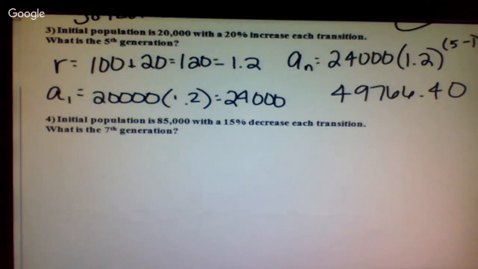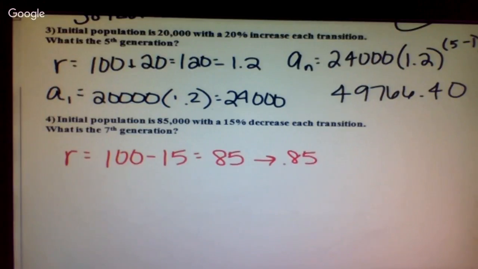Okay. All right. Last one, and we're finished. What is my R if I'm decreasing by 15%? 0.85. 100 minus 15 gives you 85, written as a decimal is 0.85. It's decreasing, so we subtract from 100.